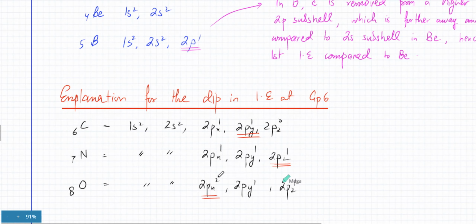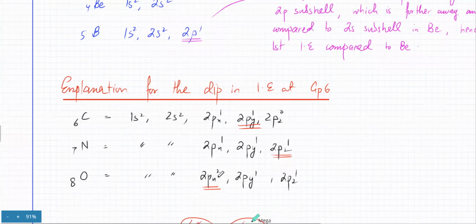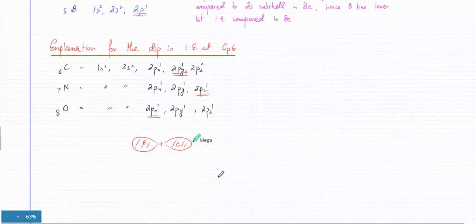Because if there's this nucleus and a 2p orbital, and that 2p orbital has two electrons in it, what would the electrons do? They're going to repel each other and kick each other out of the orbital. So it would be much easier to remove electrons from a full 2p orbital, right? Because of the mutual repulsion between them.